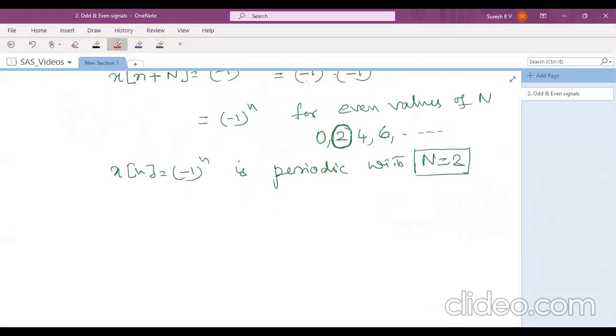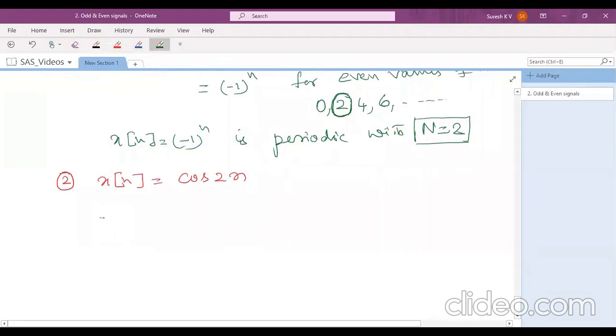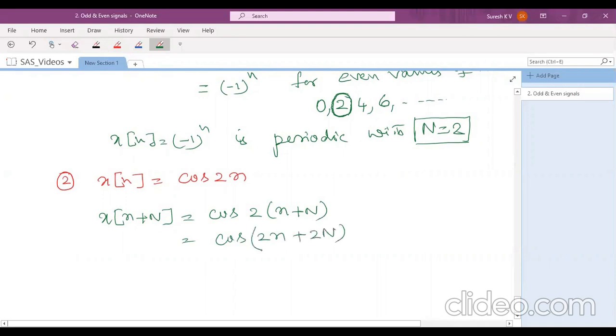So we should take one more example. Say x of n is cos of 2n. Let us substitute the condition: x of n plus capital N is cos of 2 times n plus capital N. This is equal to cos of 2n plus 2N.